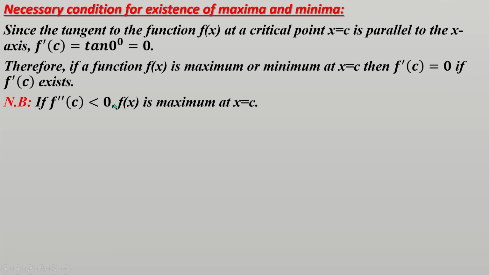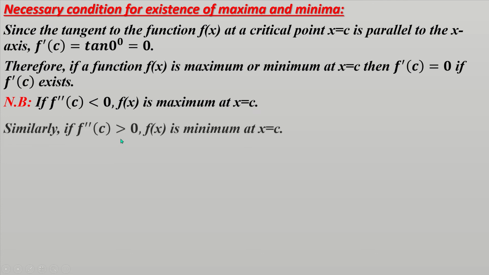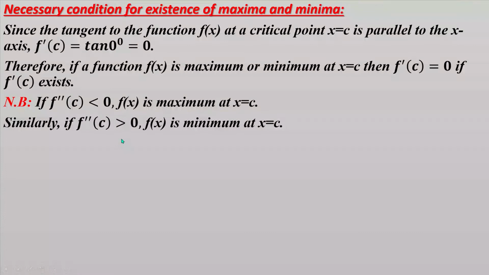So when the second derivative is less than 0, we get the maximum value at this point, and greater than 0 means lower side, acceleration due to gravity, which is positive, then we get the minimum value at x equal to c.